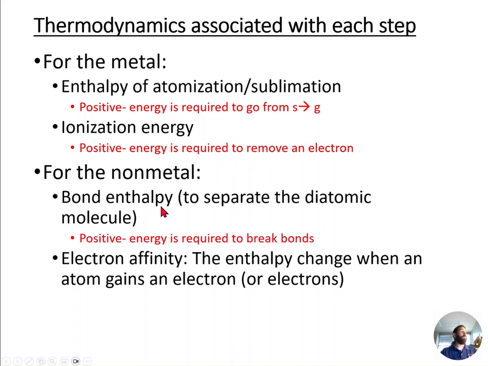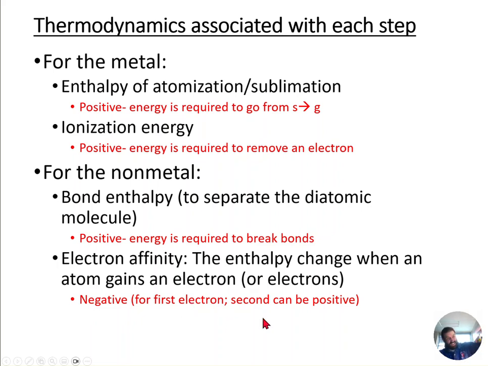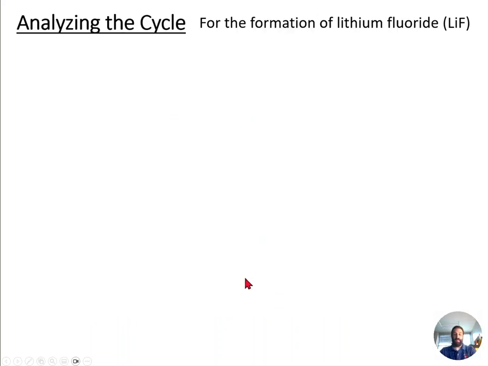For the nonmetal, bond enthalpy is endothermic, positive enthalpy change, so it will also point up. Electron affinity, though, is negative for the first electron. The second one can be positive, but because it's negative for the first one, it'll be pointing down.